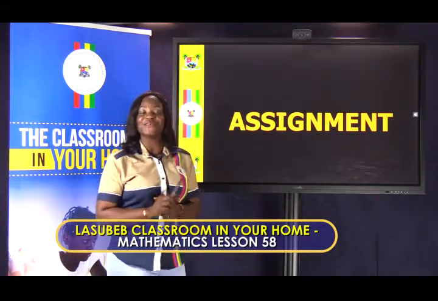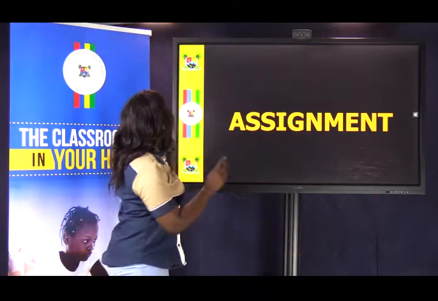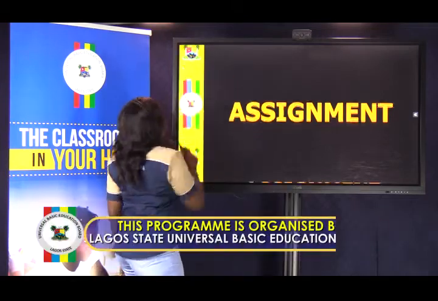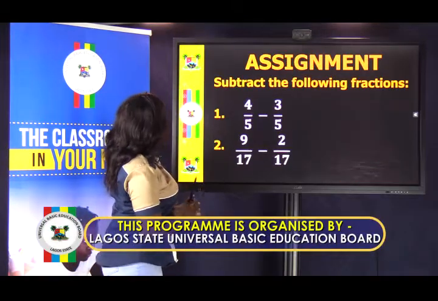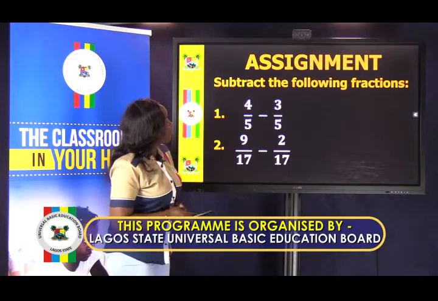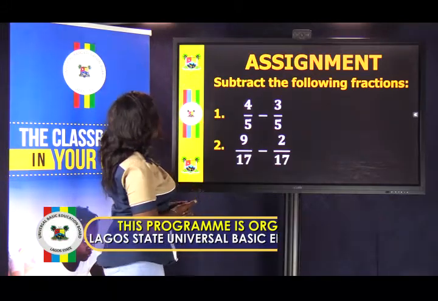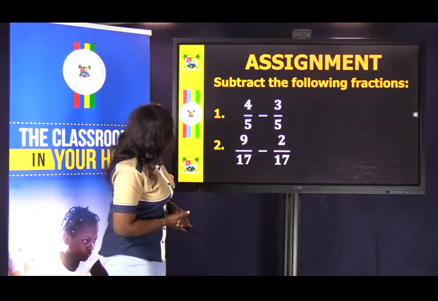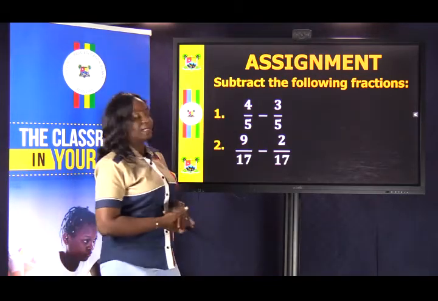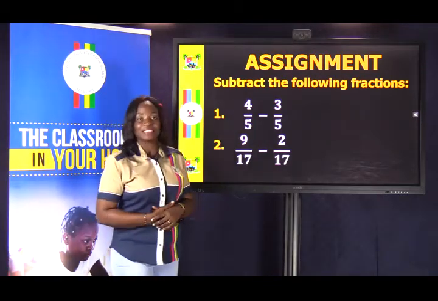It's assignment time. Don't forget you must do Auntie Tinu's homework. Let's see what we have for our assignment today. Subtract the following fractions. 4 over 5 minus 3 over 5. 9 over 17 minus 2 over 17.